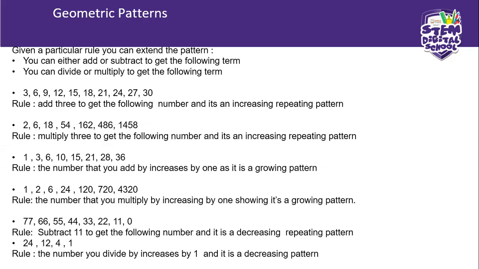How do I best put the words together? You can see that I'm doing the same thing consecutively, making it a pattern. Especially in this growing pattern, the number that I keep on adding by, I'm increasing by 1. So it's a repeated action, making it a pattern.